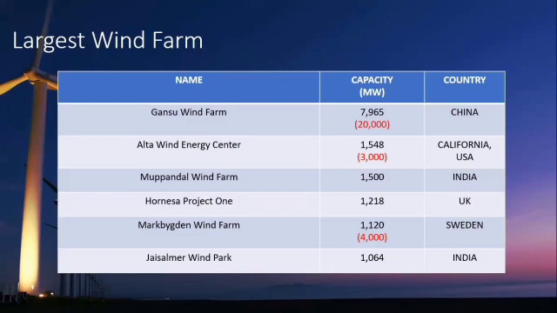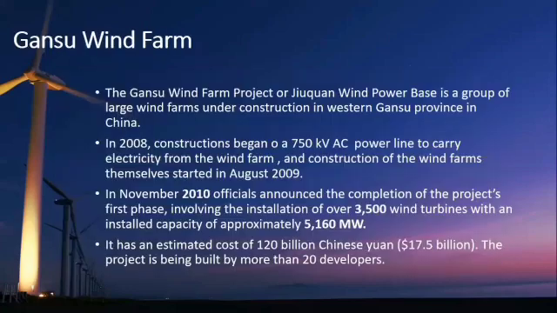The Hornsea Project 1 in the UK has 1,218 megawatts. Markbygden Wind Farm in Sweden has 1,120 megawatts. The Jaisalmer Wind Park in India has 1,064 megawatts.